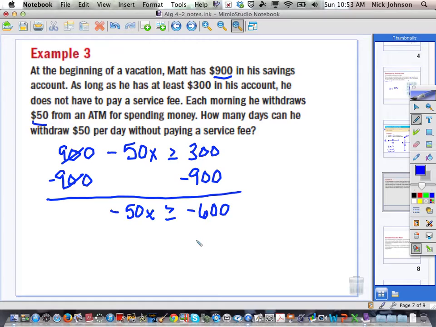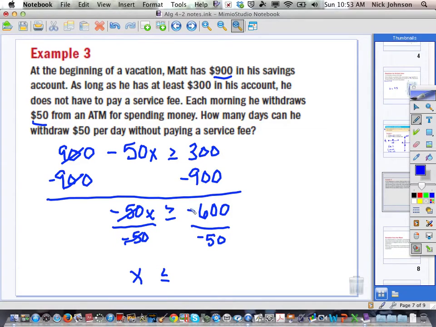Okay? Divide by negative 50. Since I divided by a negative 50, what does my inequality have to do? Well, it has to flip. So x is now less than or equal to negative 600 divided by negative 50.